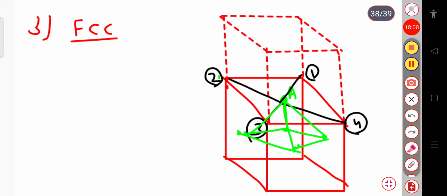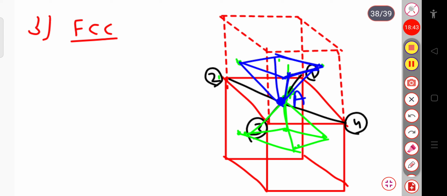Now similarly, if I consider the dotted line cell, the face atoms present on the front side, back side, and the side wall are also at the same distance from this point A. Now you can see this atom at this face, this is point A. For this atom A, on this plane, 1 2 3 4, there are 4 atoms present.